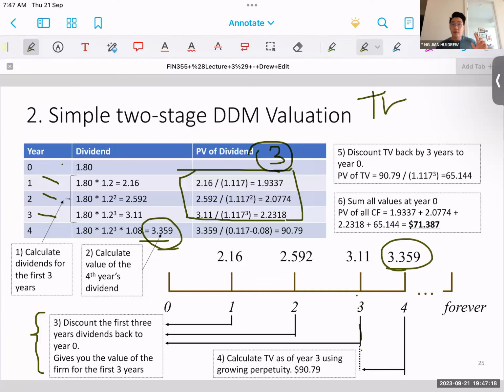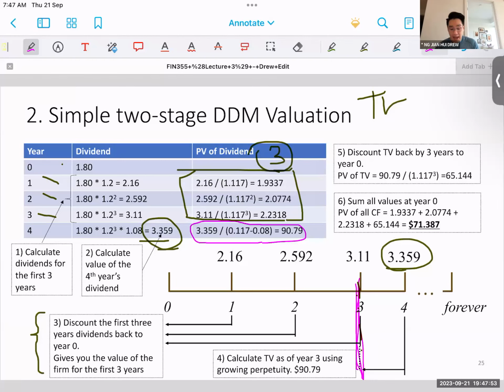Remember, your growing perpetuity is 1 period from today, in terms of formula. So we are standing at year 3. We use the growing perpetuity formula to calculate the terminal value at this point, at year 3, because if you recall, the growing perpetuity formula is 1 year from today.